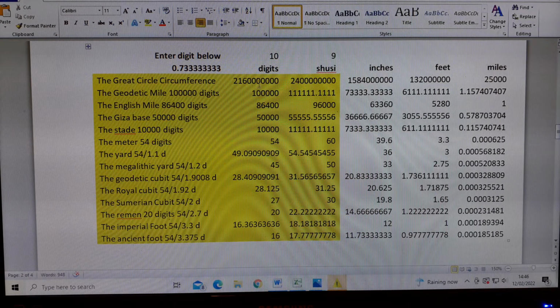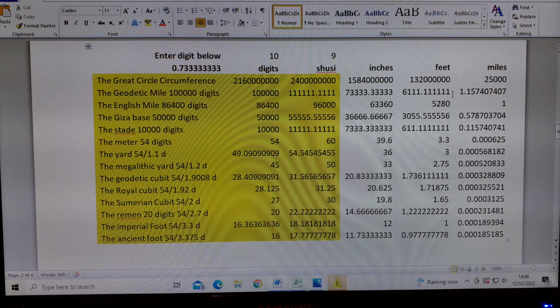The great circle circumference, these are unchanged. They will always be the same no matter what number goes in there for the digit. So we look at the number of inches, feet and miles in the great circle, and it's 25,000. And the geodetic mile is coming out at 6111.111 imperial feet.